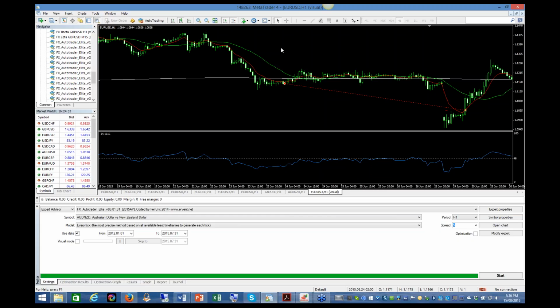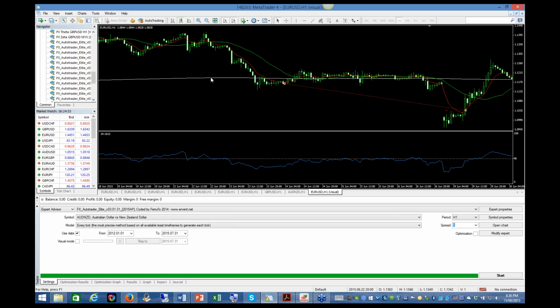So again, very simple. And then they also suggested, that's this white line, that if you're trading on the 1 hour, then you should make sure that the trend is in the right direction on the next higher time frame, which is 4 hours. So again, we use a 200 SMA for that.